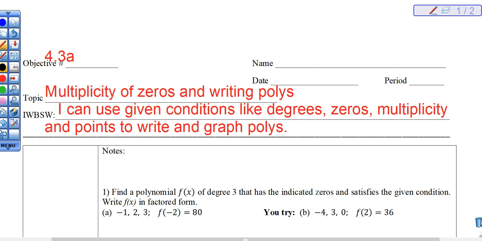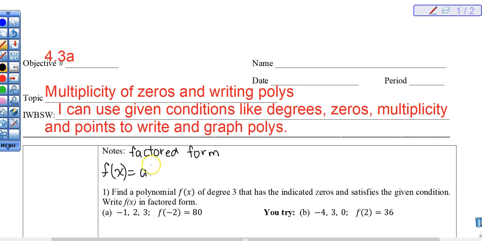So here's the notes. Today, I'm going to be nice. You can write your polynomials in factored form. You don't have to convert them to general form. Okay? Factored form of a polynomial, and I'm going to include multiplicity in this definition.